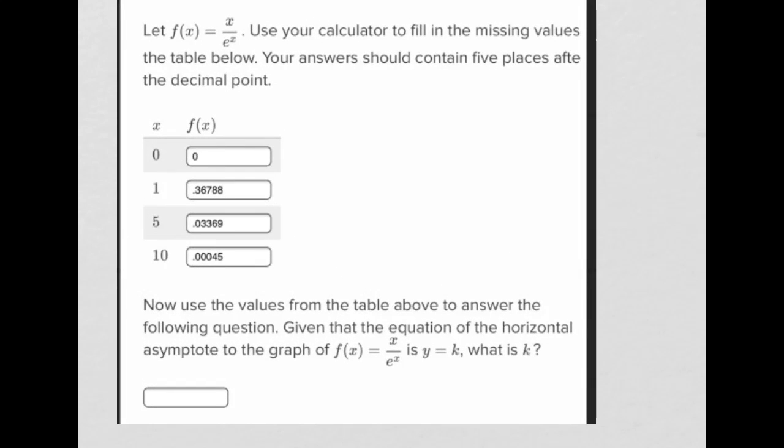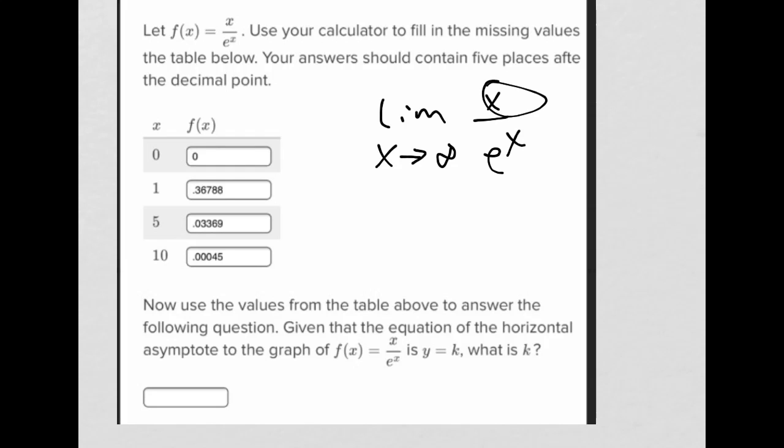What is happening? We take the limit as x approaches infinity of the function x over e to the x. Here's the way I want to think about it. When someone says something is growing exponentially, they mean it's growing faster than not exponentially.